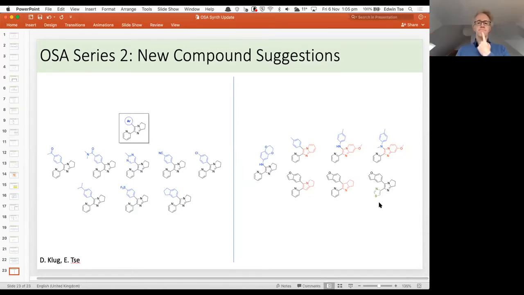The one on the bottom row, left-hand side, where you remove the nitrogen in the imidazole, is just following on the idea of trying to explore whether we do need a bidentate ligand there. Absolutely. So it's a compound for providing information rather than increasing potency.